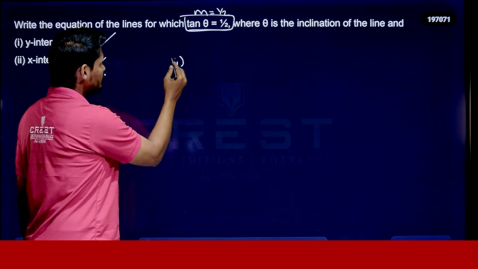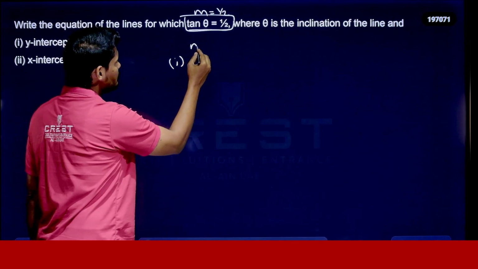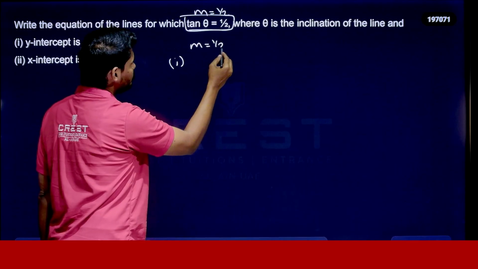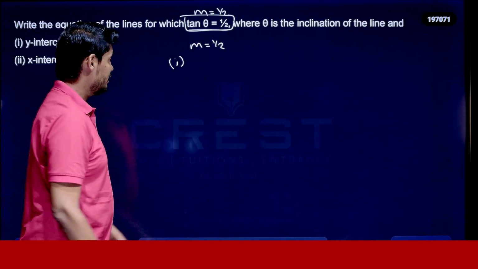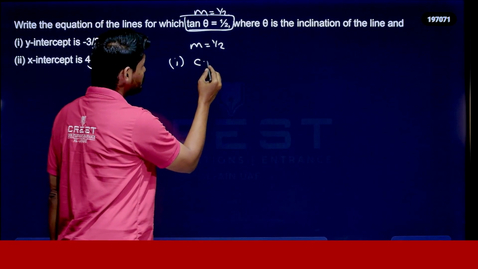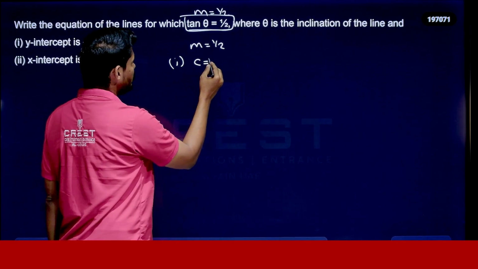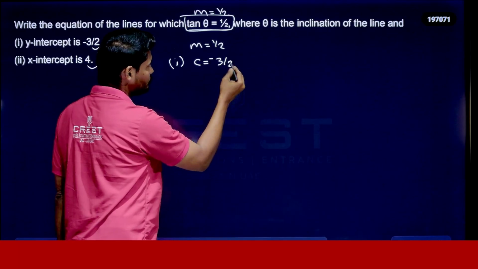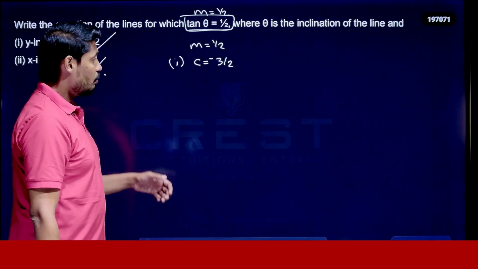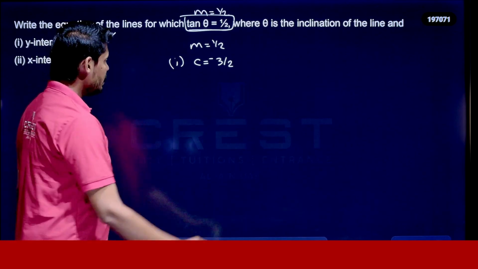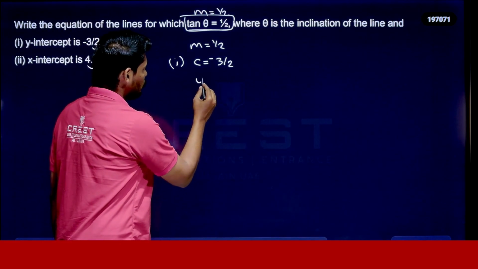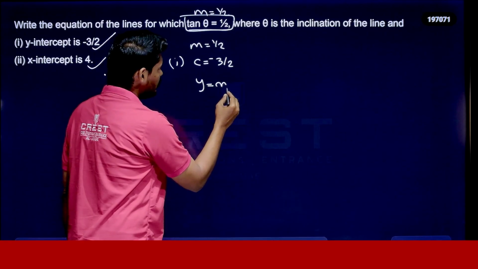First question, m is 1/2, and the y-intercept is given. We already know y-intercept is c. C is given, c is minus 3/2. It is cutting the y-axis below the origin because it is negative. So we have the y-intercept form, y equal to mx plus c.